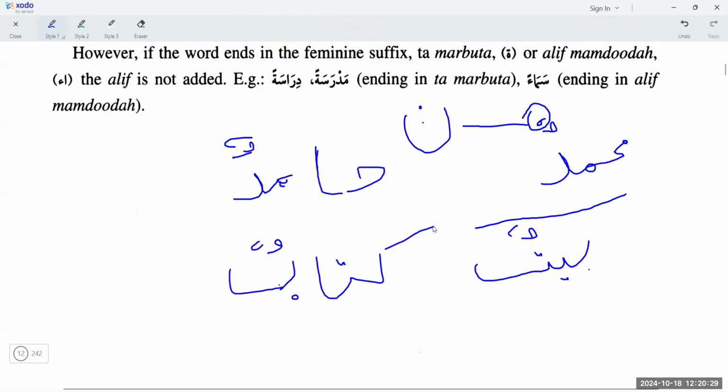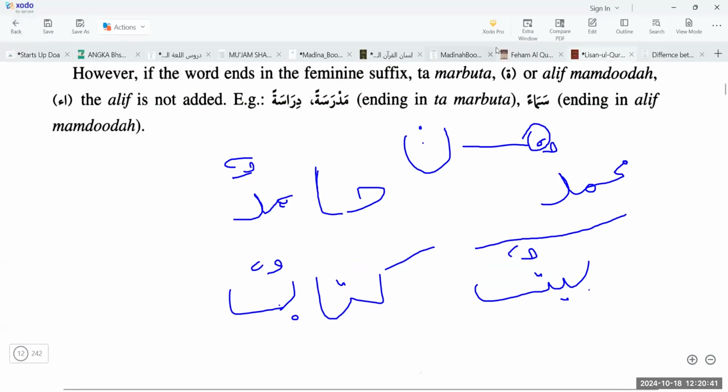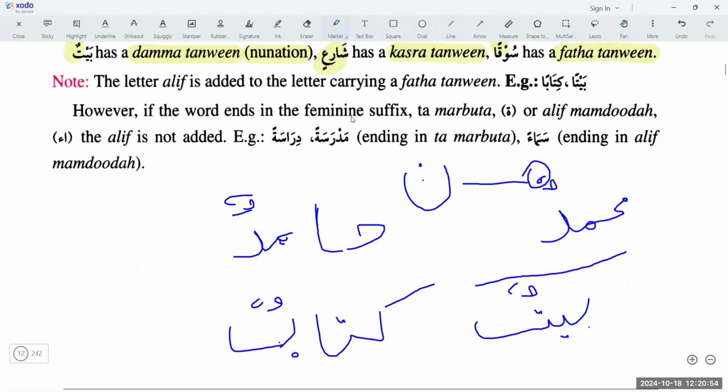This is the reason a noun has a tanween. Only a noun can have a tanween. Only a noun or ism can have a tanween. A verb, fil, or harf cannot have a tanween.